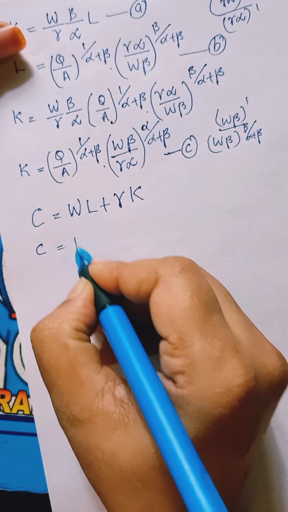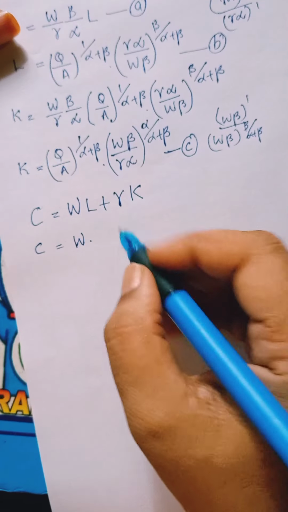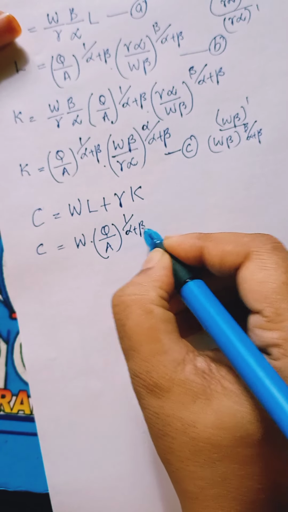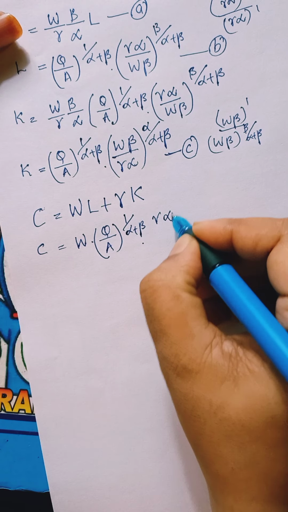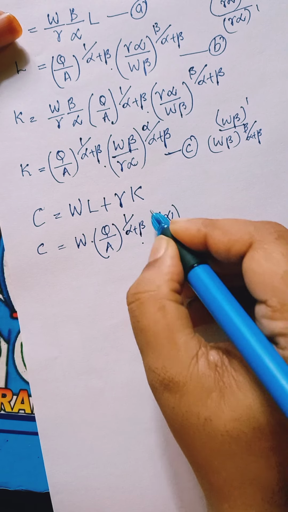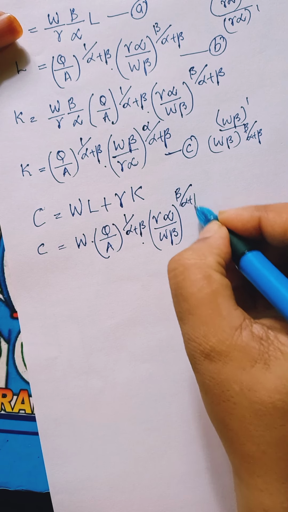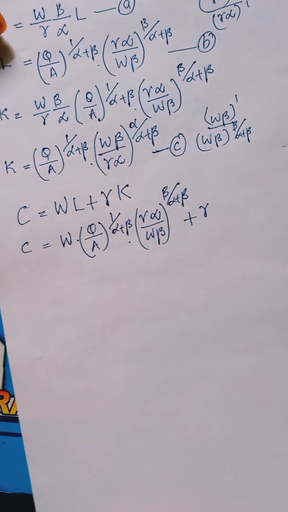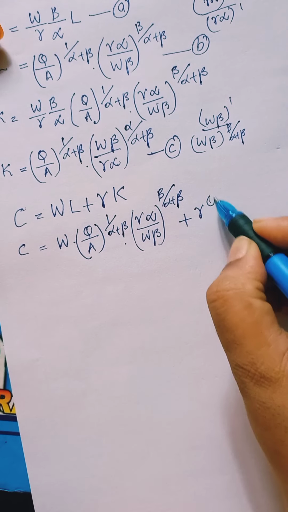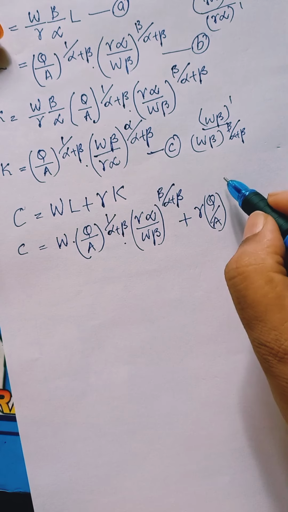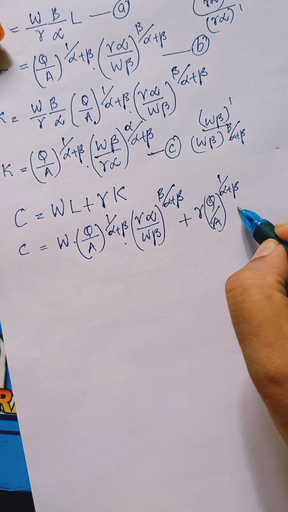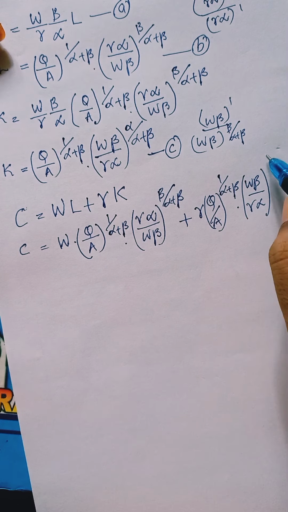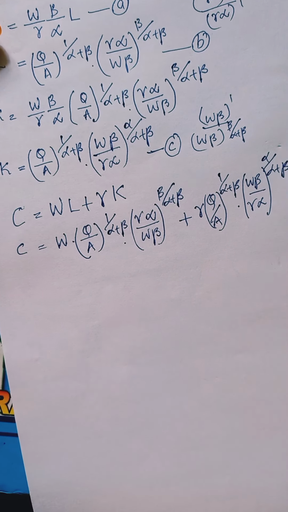That is, C is equal to W into L, where L is equal to (Q by A) whole raised to 1 by alpha plus beta into (R alpha by W beta) whole raised to beta by alpha plus beta, plus R into K. Here K is equal to (Q by A) whole raised to 1 by alpha plus beta into (W beta by R alpha) whole raised to alpha by alpha plus beta.